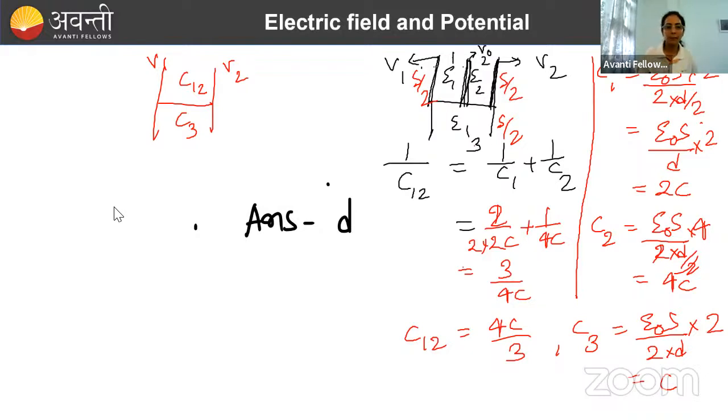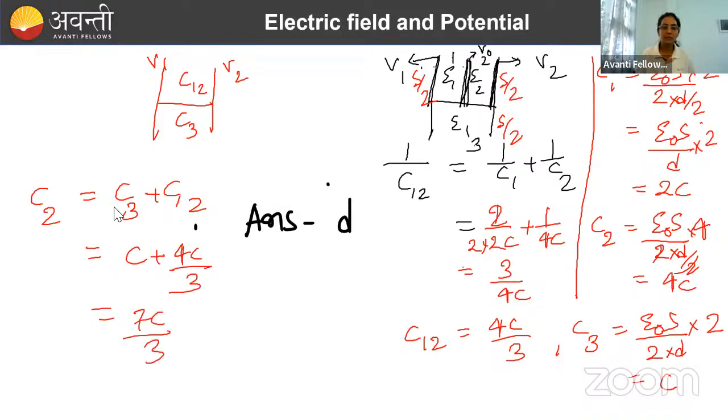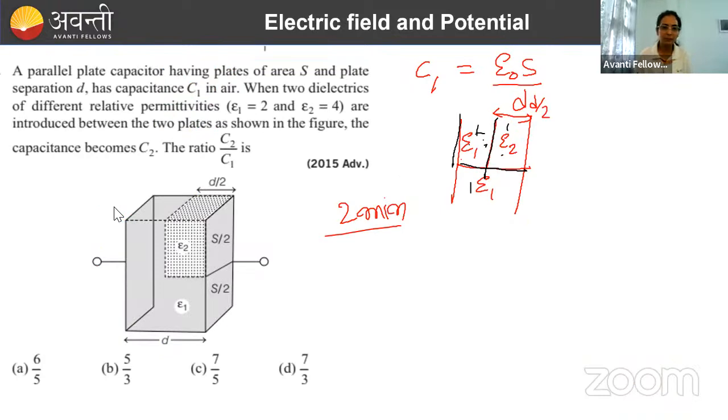So C2 will be C3 plus C12, that is C plus 4C by 3, which is 7C by 3.